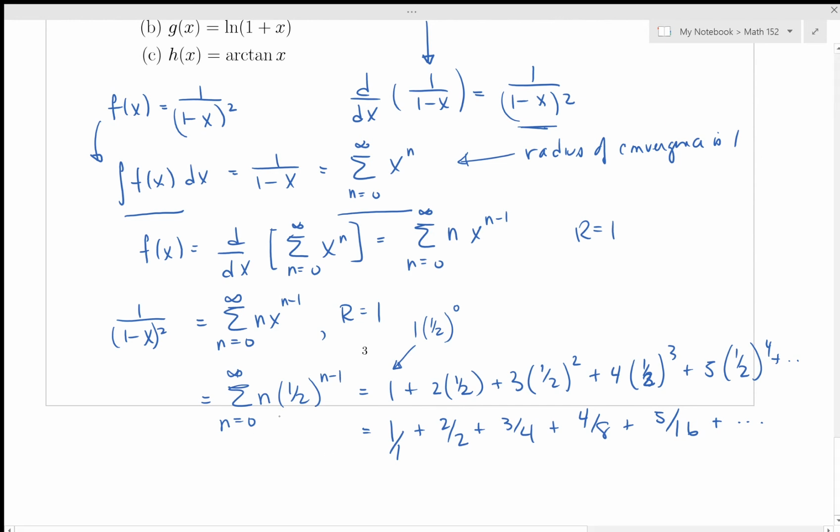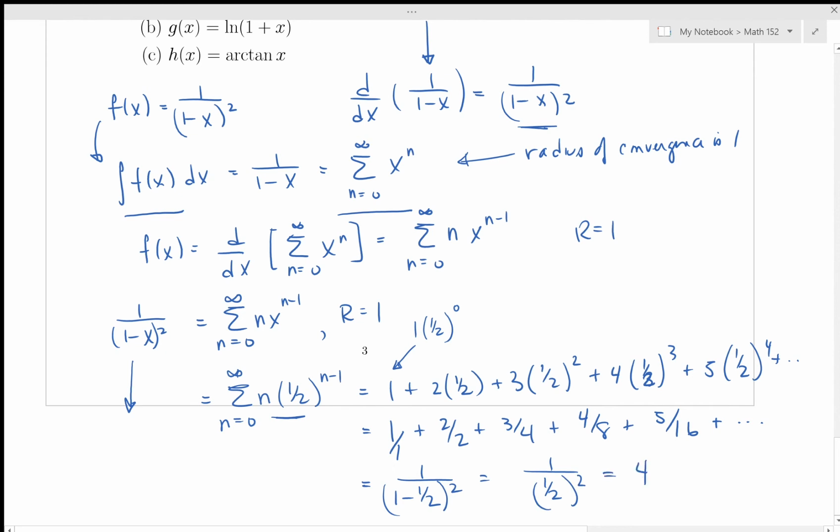But having been able to do this, and more importantly, having been able to do this, I can then say, hey, but I can do this. This looks like 1 over 1 minus, what is x? A half, and that's squared. So that looks like 1 over 1/2 squared, and then that looks like 4.